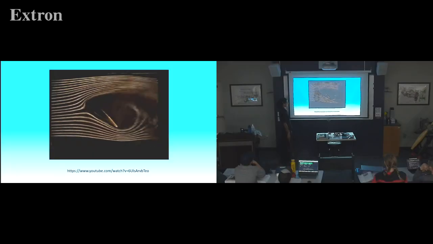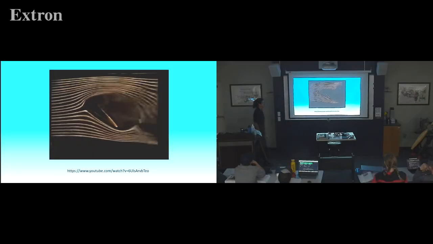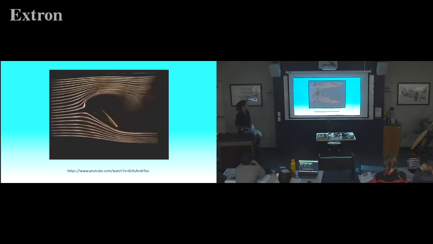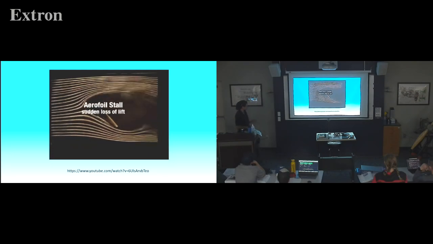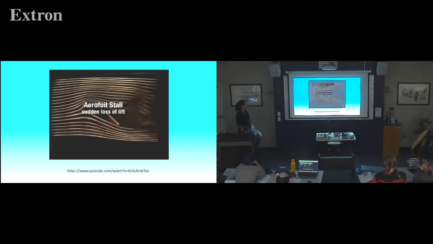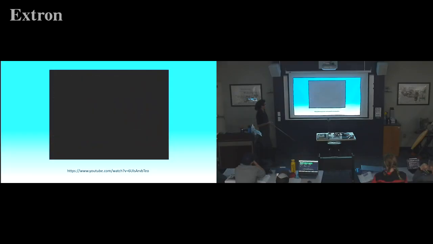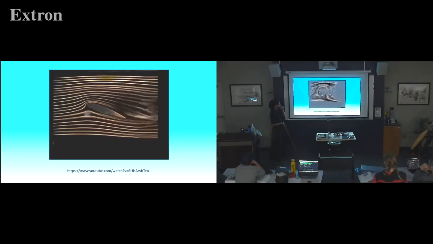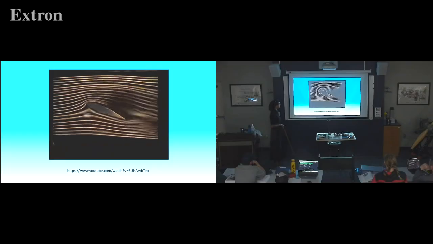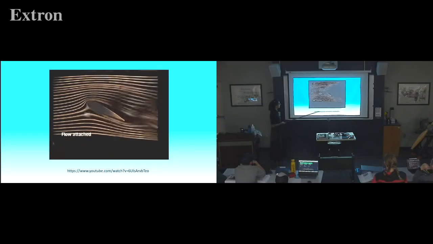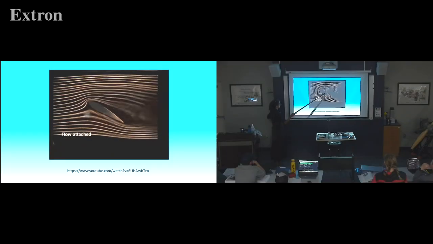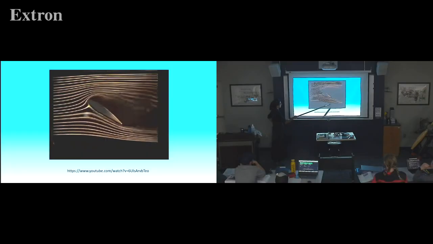Oh my goodness, and we're stalled. Destroyed lift. More power. They demonstrate it again. Flow still attached here, but now, boom, stall happens, no flow.